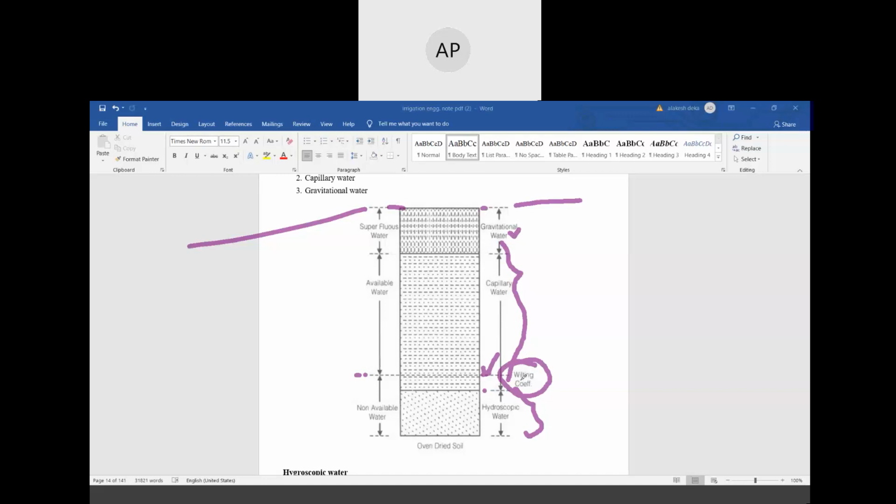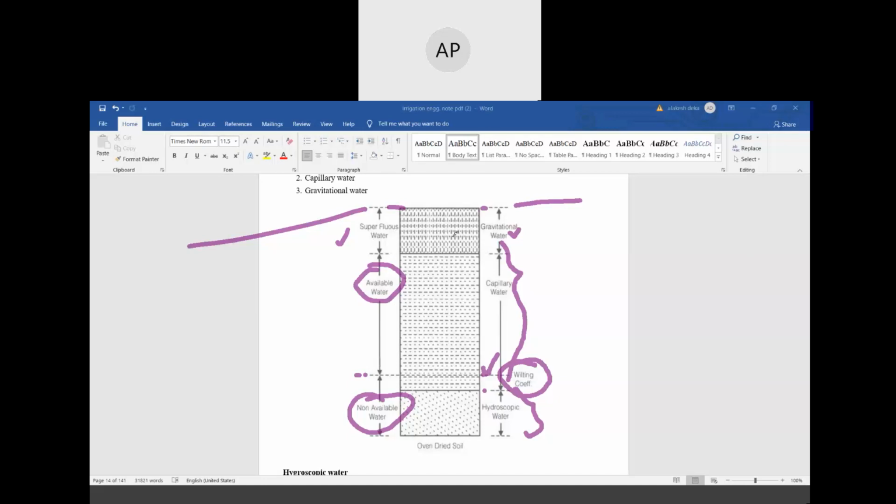Wilting coefficient and hygroscopic water, this is called non-available water, and this capillary zone is called available water. Superfluous water is called gravitational water, it is not used by the plant generally.